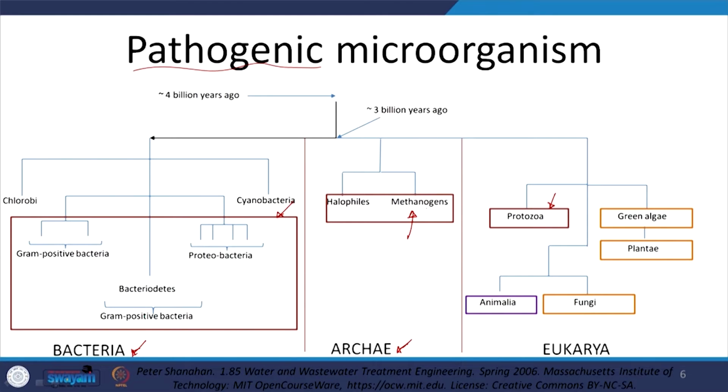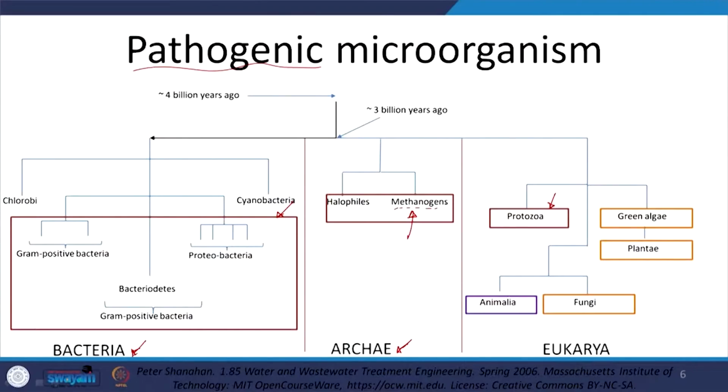As the name indicates, the final product is going to be methane, and that is typically used in anaerobic treatment. Anaerobic as in process occurring in the absence of oxygen. In that process, it is the methanogens that play a considerable role or the major role. So, that is why we highlighted that.